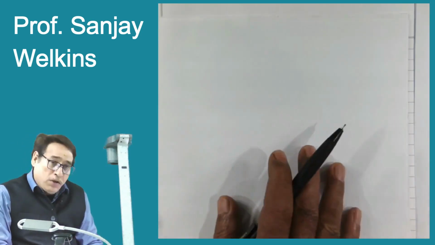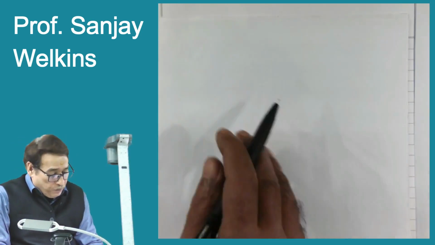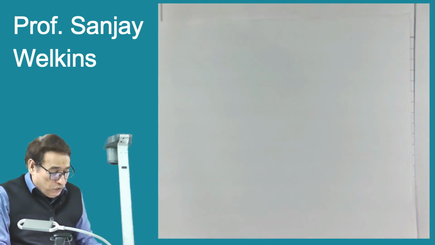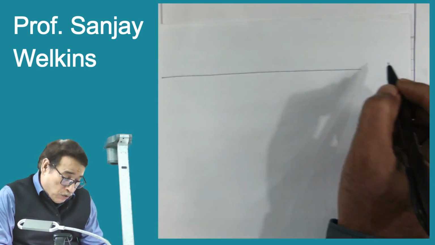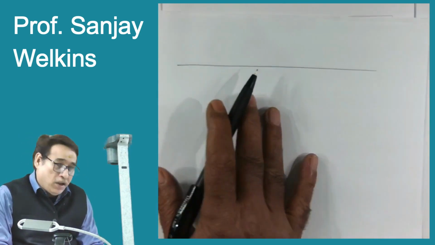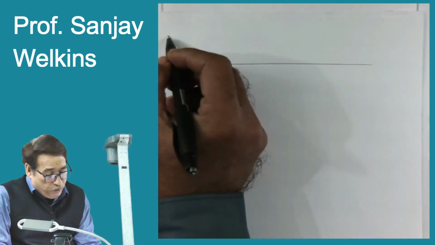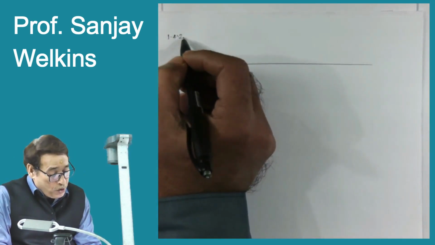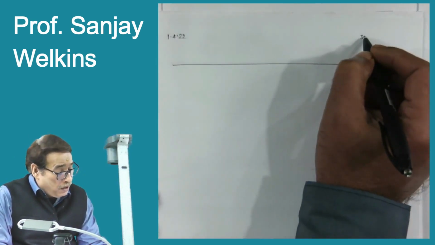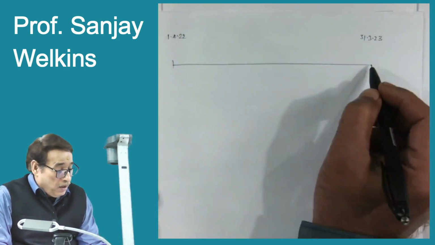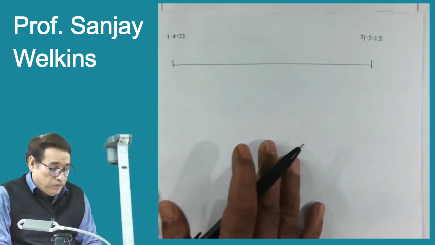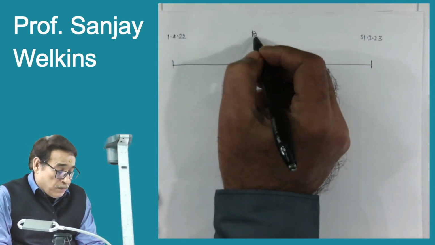Now, in order to understand the debtors system, let's have a look over here. Let us say this is the current accounting year, starting from 1/4/2022 and ending on 31/3/2023. In this accounting year, this is my branch.